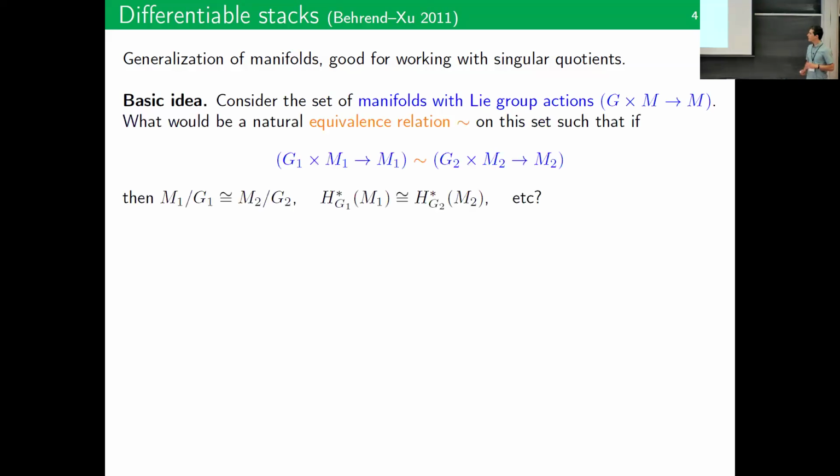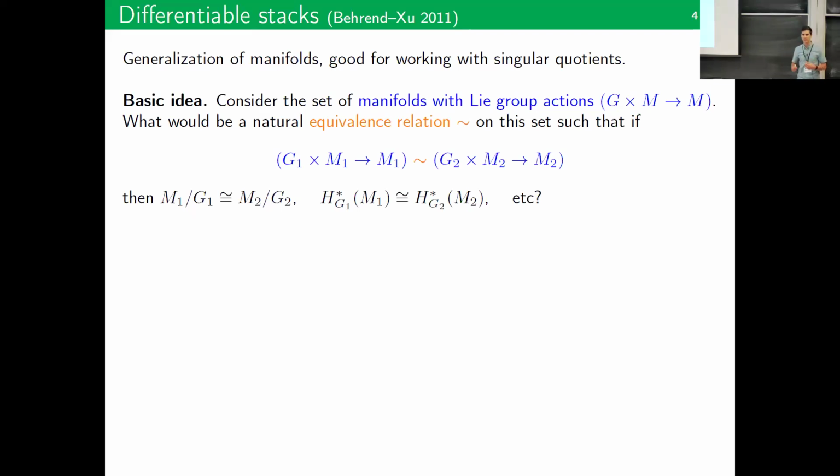Okay. So a question is, what would be a natural equivalence relation on this set, such that if two pairs of a manifold and a Lie group action are equivalent, then they have, for example, the same quotient, homeomorphic orbit space, or also the same equivariant data, such as equivariant cohomology and so on.